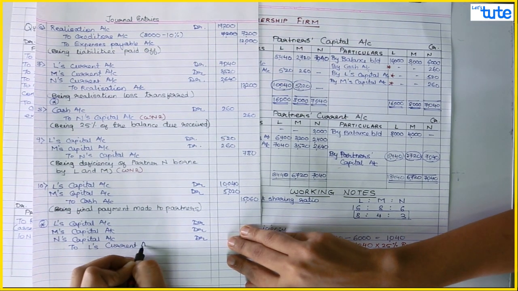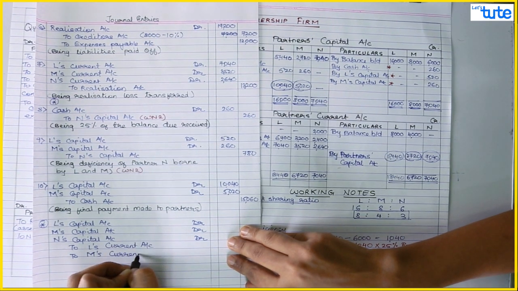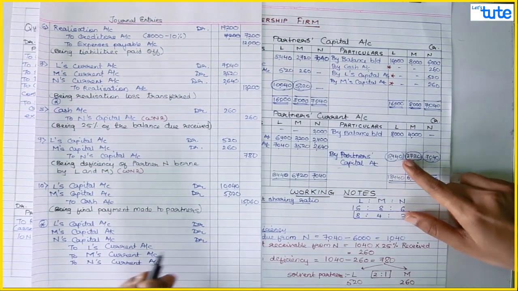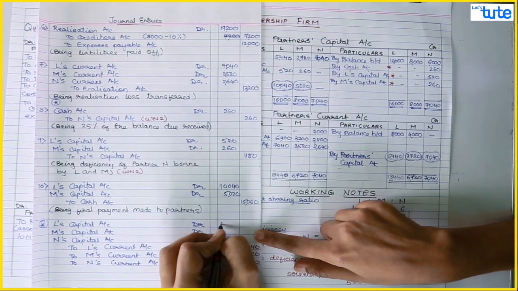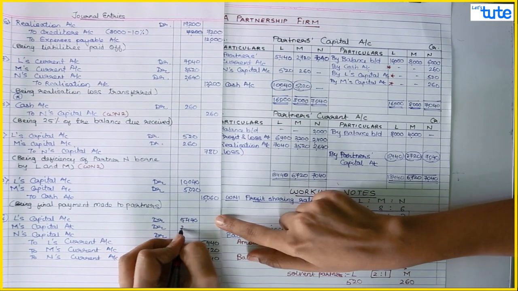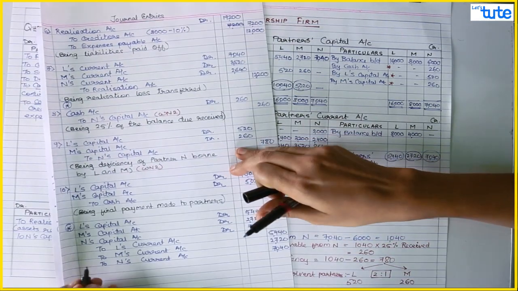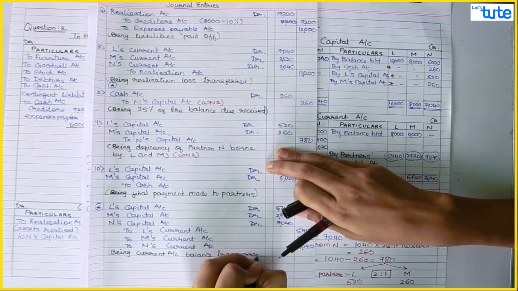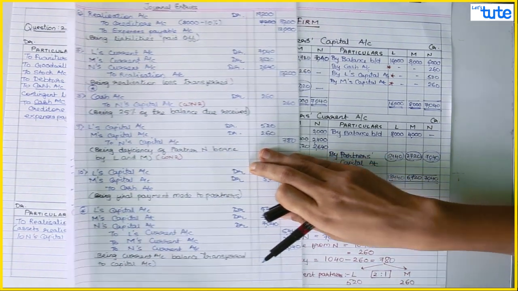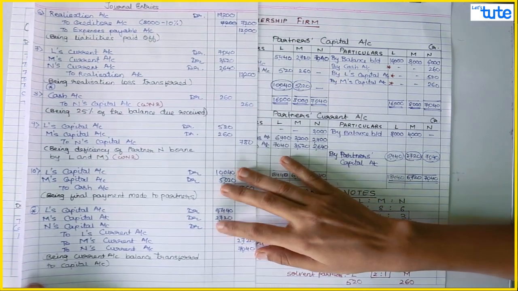Now we can even pass a separate entry for each of the partners, or you can pass a combined entry for all the three partners. M's current account to N's current account, and these are the balancing figures: 5,440, 2,720, 7,040, 5,440, that is transfer to capital, 2,720, 7,040, being current account balance transferred to capital account. So these balances are transferred to capital account. Make sure you don't forget this entry.